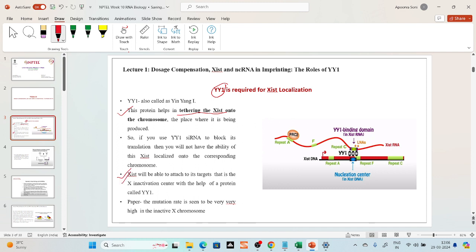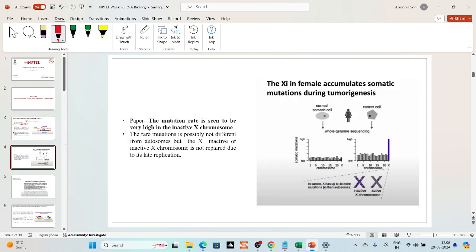Then there is a paper that sir has mentioned, and this paper tells us about the mutation in Xi, which means inactive X. In the previous class we studied dosage compensation: in females, one of the X is inactivated so as to equalize the expression of X chromosome.